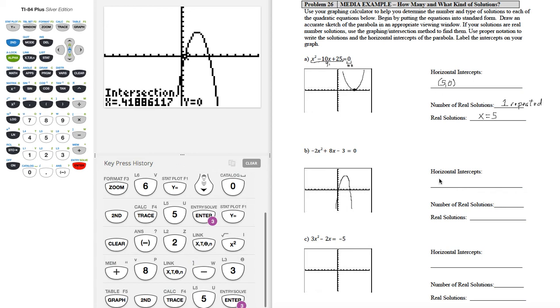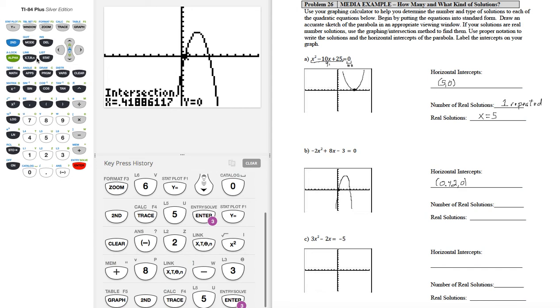So we have one horizontal intercept at negative 0.42, comma 0. And that one is, actually, I'm sorry, that is not negative. That is a positive 0.42. It is right here.